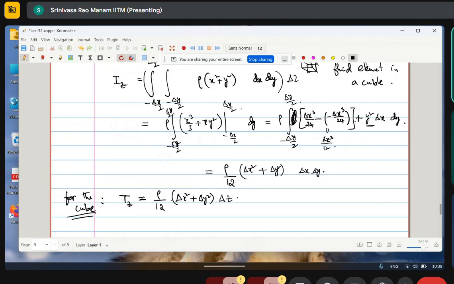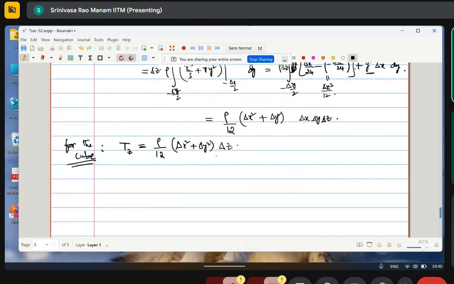You add it here, so that you have a delta z outside. That's what I put as a triple integral. So finally you get that. This is for the full cube only. So this is the cube, delta x, delta y, delta z.